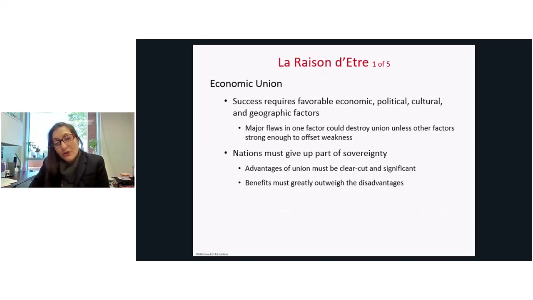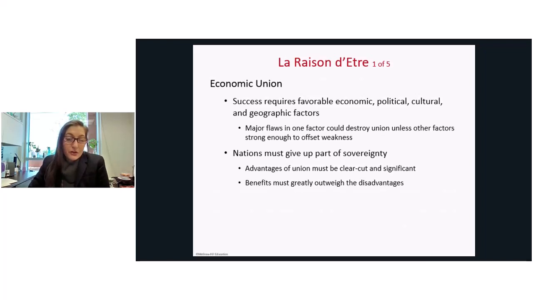And part of the issue with an economic union is that member nations within must actually give up part of their sovereignty. So this is why the advantages must be explicitly stated and they must be significant. In other words, the benefits have to outweigh the disadvantages involved.